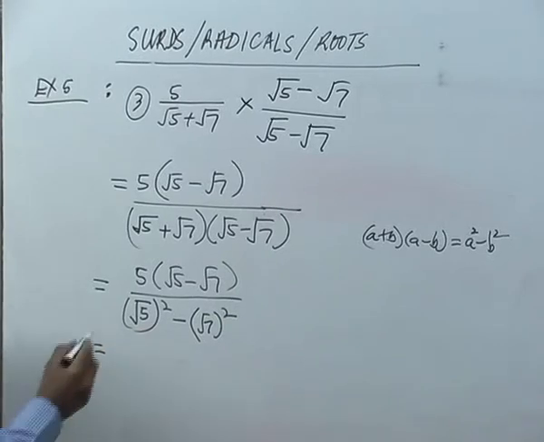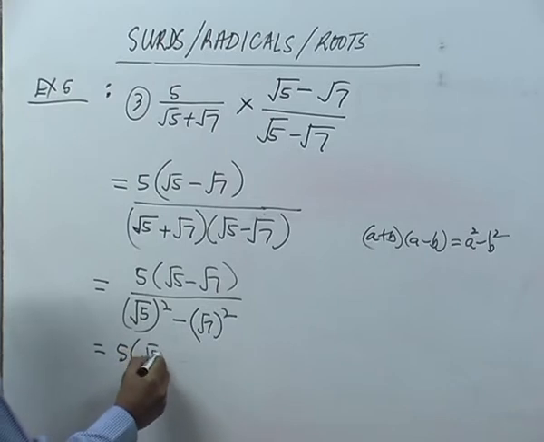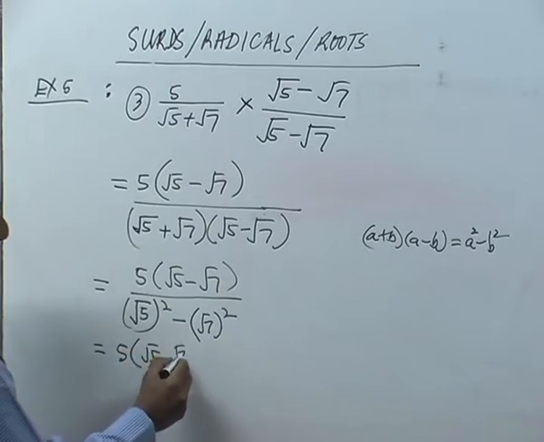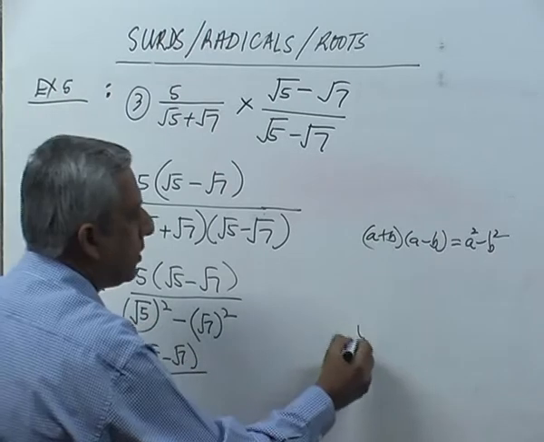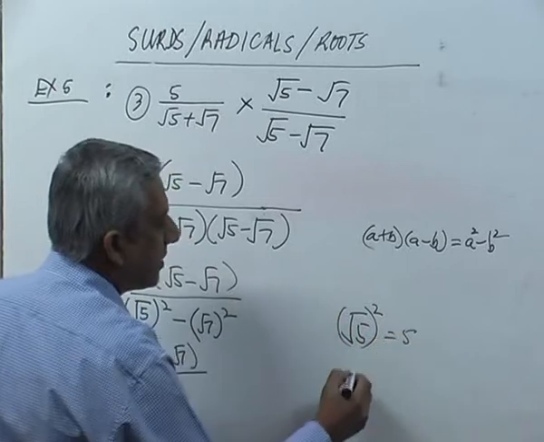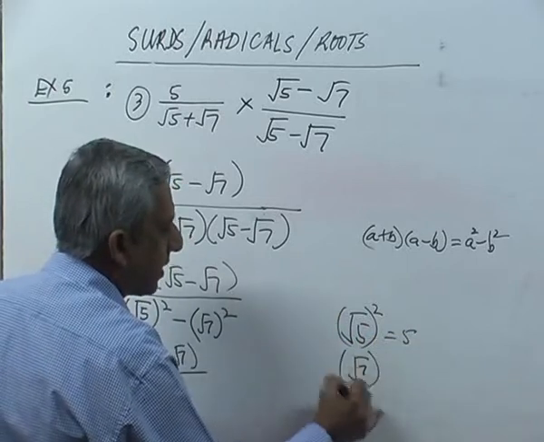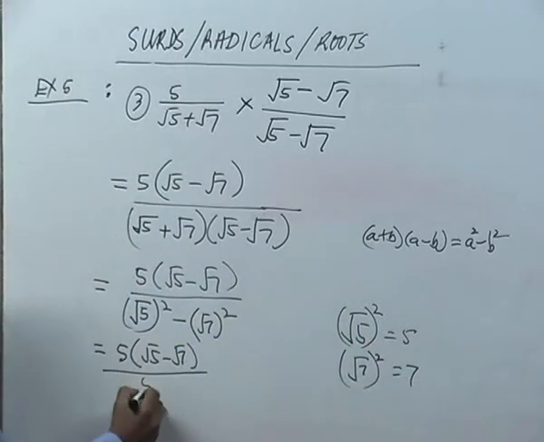So the numerator is 5 into square root of 5 minus square root of 7 all over. 5 squared, by now you know that square root of 5 squared is 5. Square root of 7 squared is 7. So this is 5 minus 7.